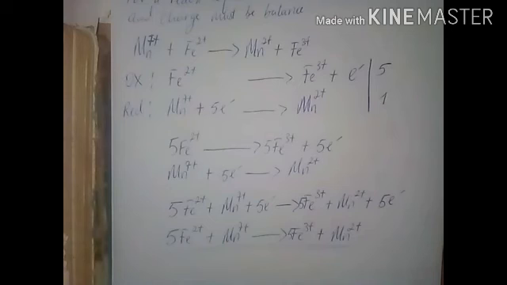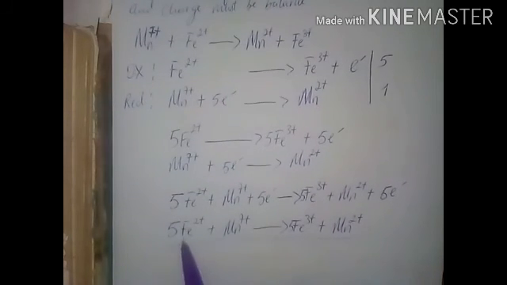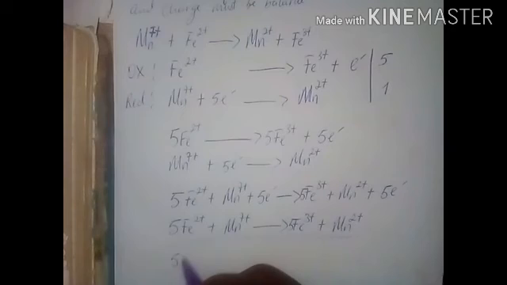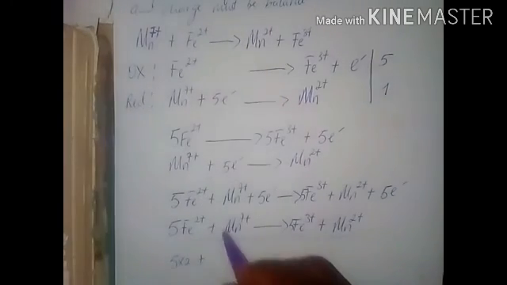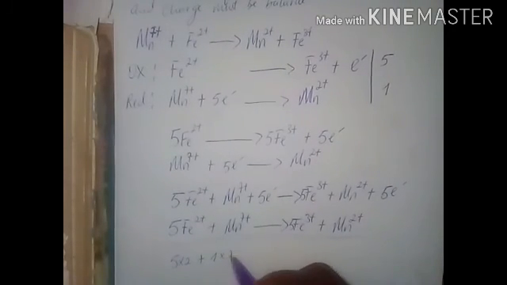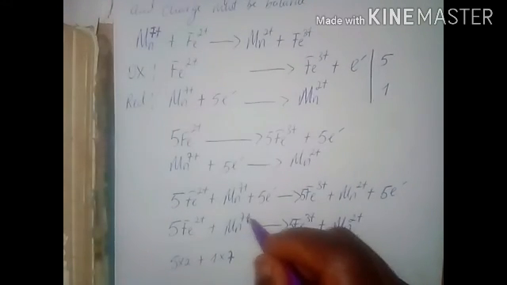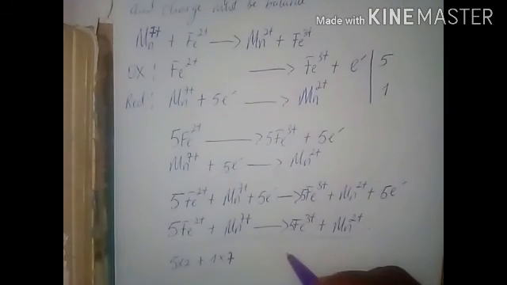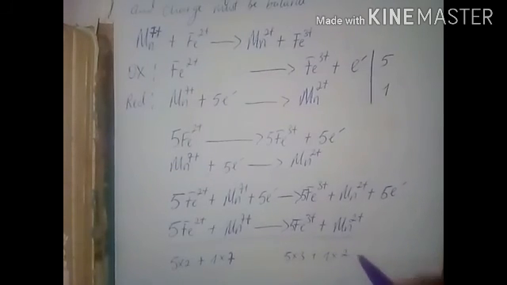So let's check whether the charge on the left hand side is equal to the charge on the right hand side. Here we have 5 times 2 plus 1 times 7. This is the charge on the left hand side. Then we check the charge on the right hand side. We have 5 times 3 plus 1 times 2.